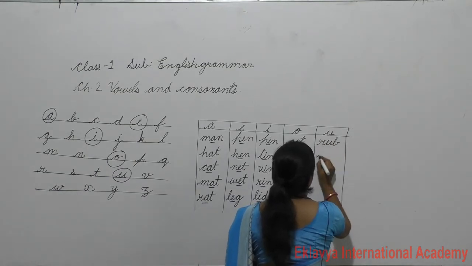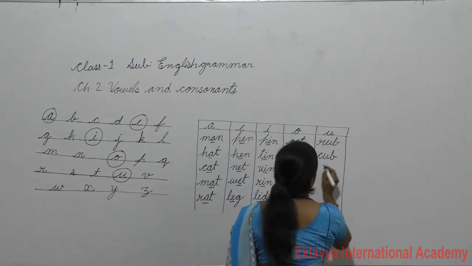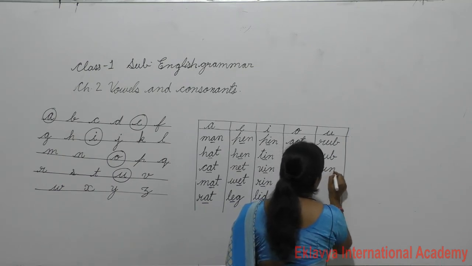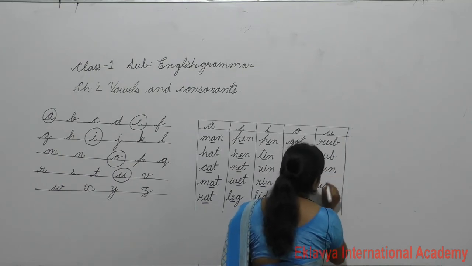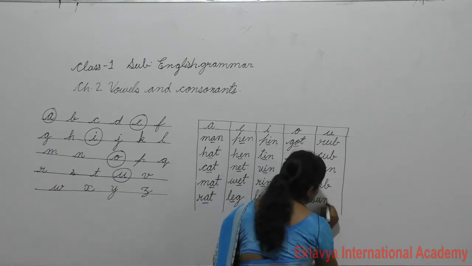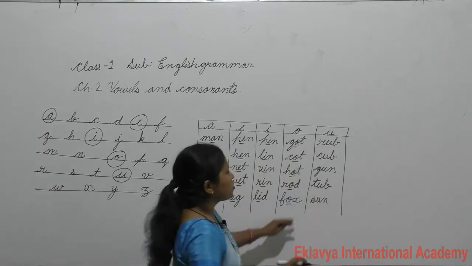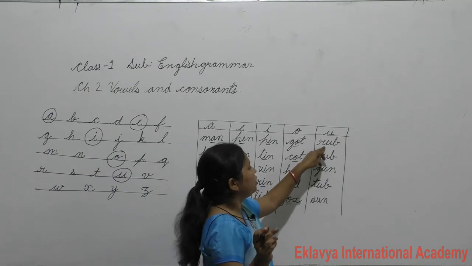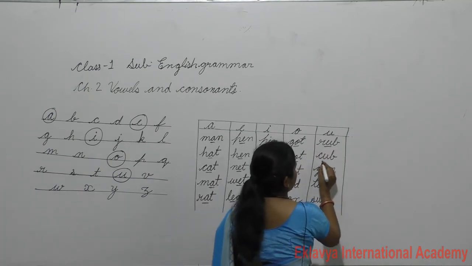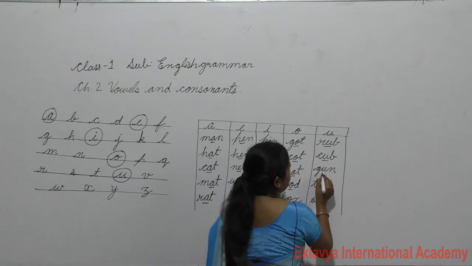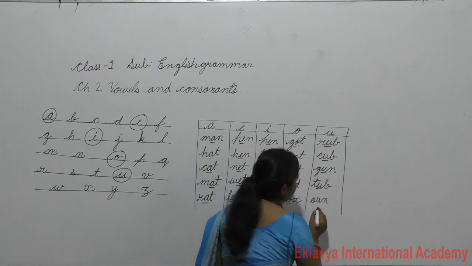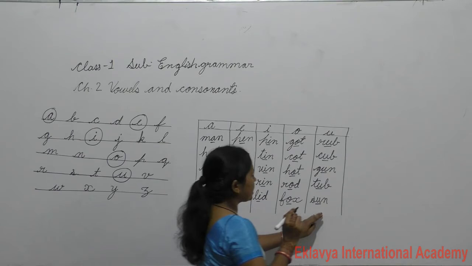R-U-B, rub. C-U-P, cup. G-U-N, gun. T-U-B, tub. S-U-N, sun. So identify that U is the vowel. R-U-B, rub. C-U-B, cub. G-U-N, gun. T-U-B, tub. S-U-N, sun.